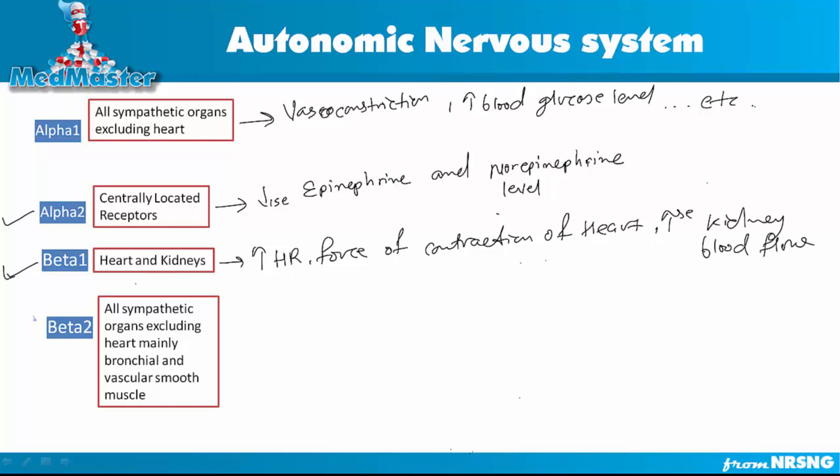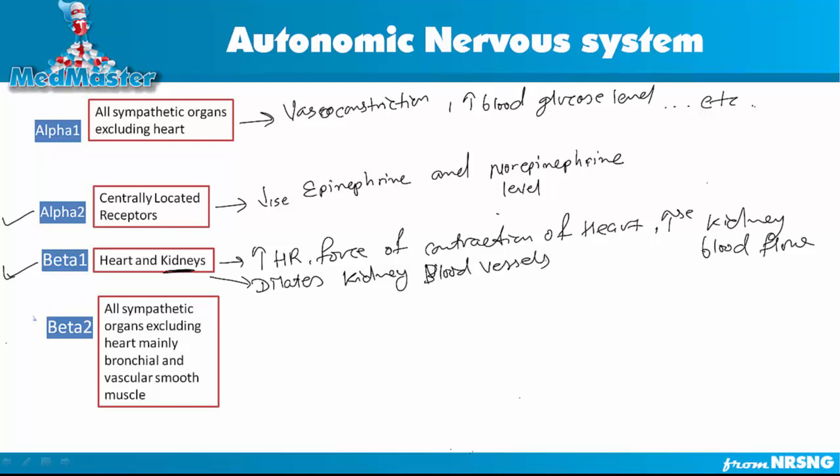Because when beta 1 gets excited by any drugs on kidneys, it actually dilates the kidney blood vessel.